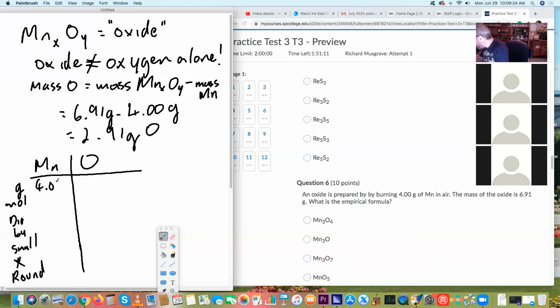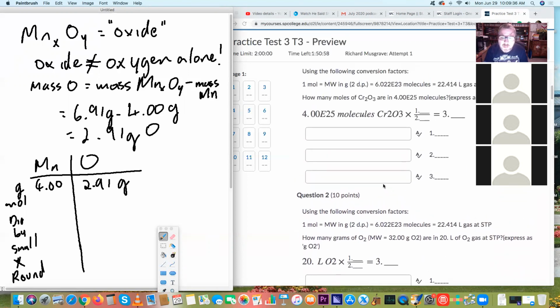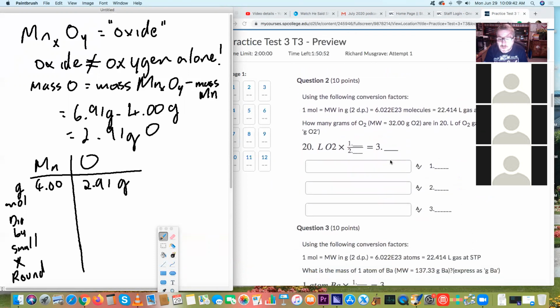We'll start off with 4.00 grams of manganese and 2.91 grams of oxygen. For manganese, make sure that you're looking at Mn and not Mg. That's a common mistake that I'll often see here. But Mn is over here, it's 54.94.